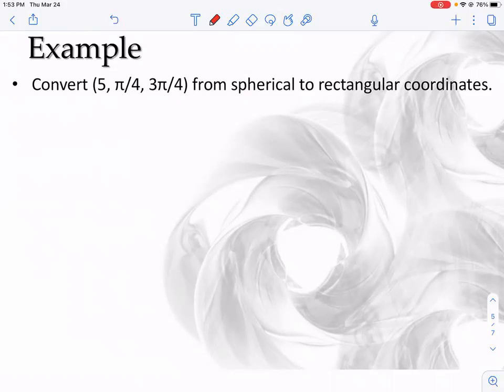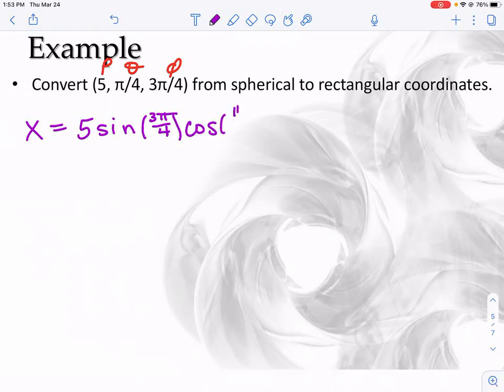All right, so here we have rho theta phi. X is rho times the sine of phi times the cosine of theta.